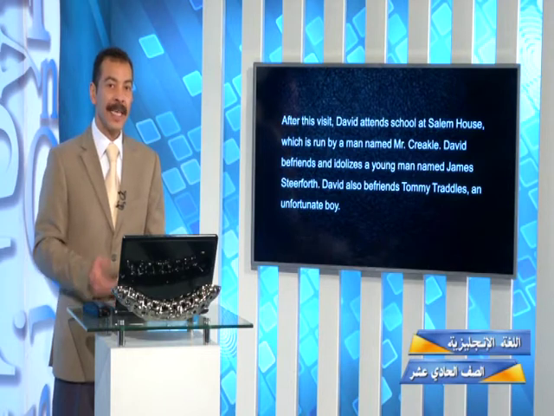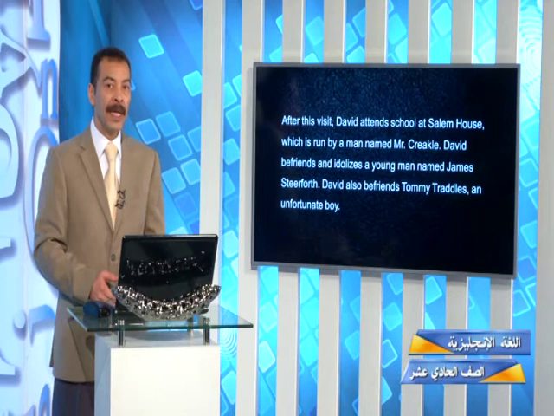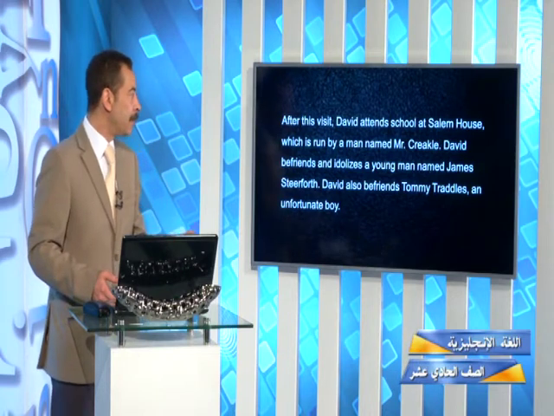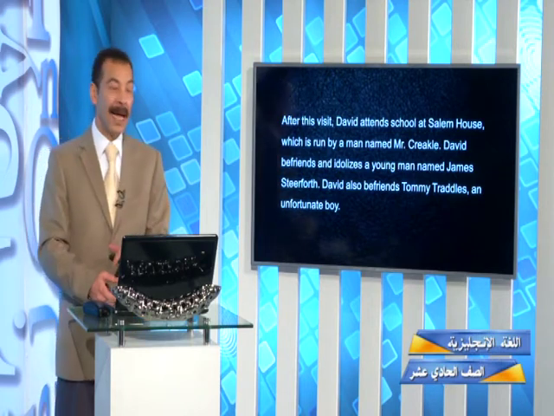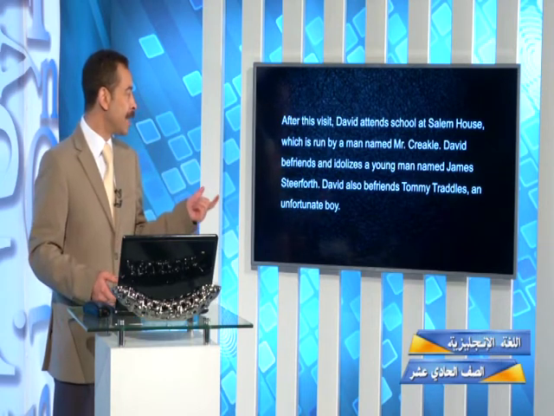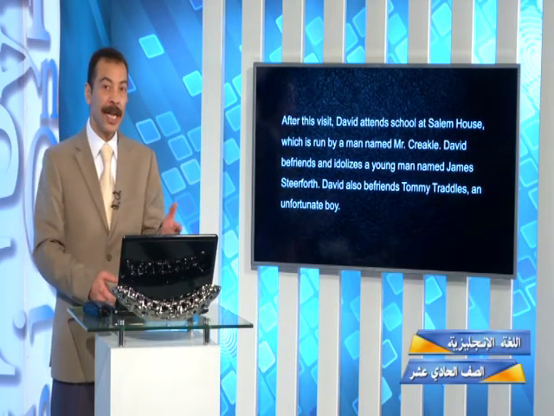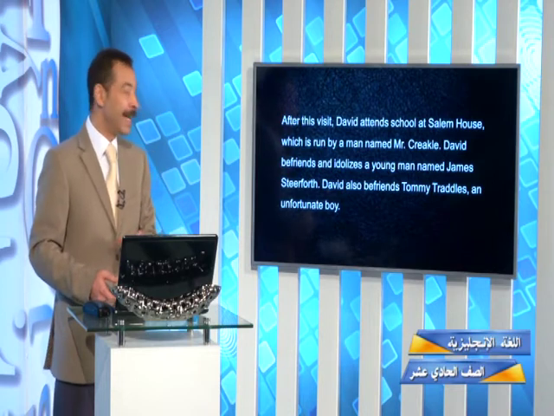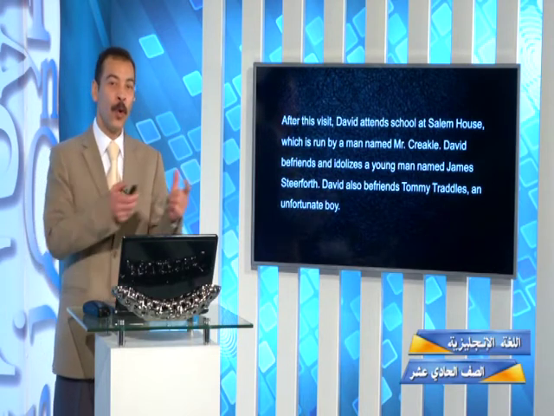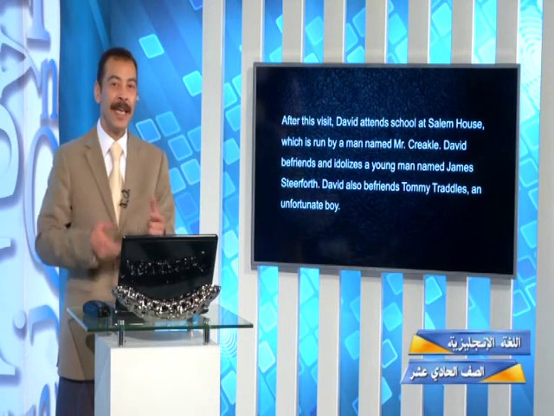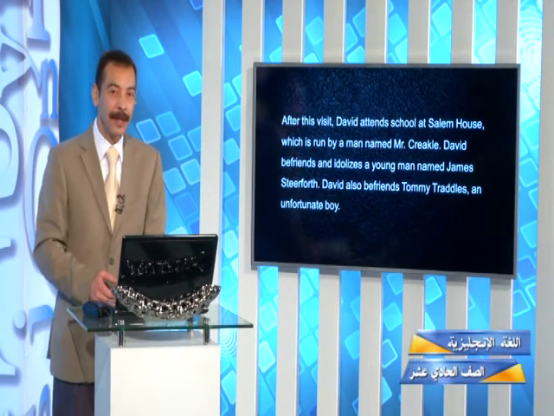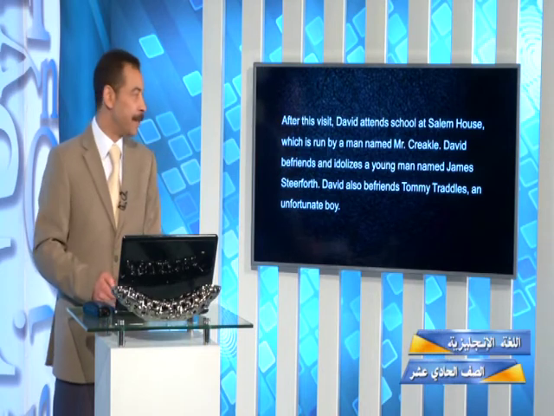That is a school where he studied and lived at the same time. And in this school, he had two friends named Steerforth and Tommy. And it mentions that one of them was rich and one was poor. It's very important to know who are the rich characters and who are the poor ones and how they interact with the main character.